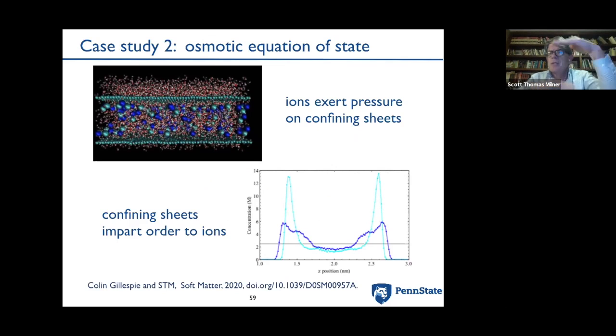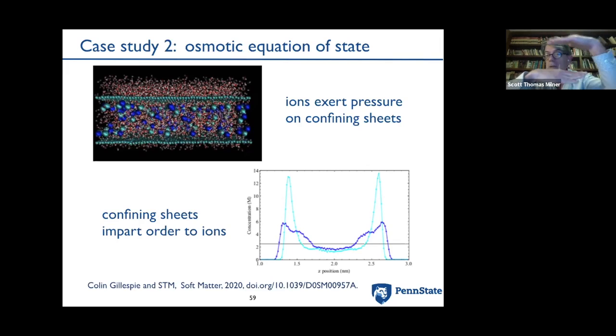And the ions are pushing against those, right? The osmotic pressure of that ionic solution is basically the same thing as the pressure of a gas or liquid of the ions. They would like to have more room to run around in, so to speak. Their entropy would be larger if they had more space, and so they exert forces on these membranes.